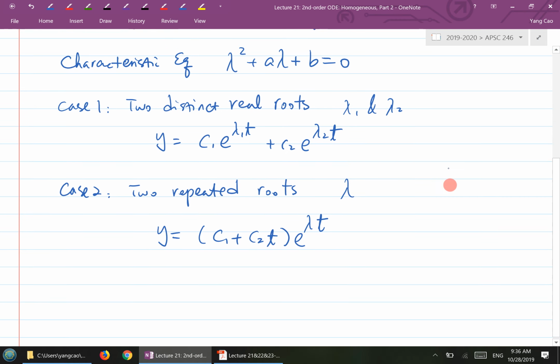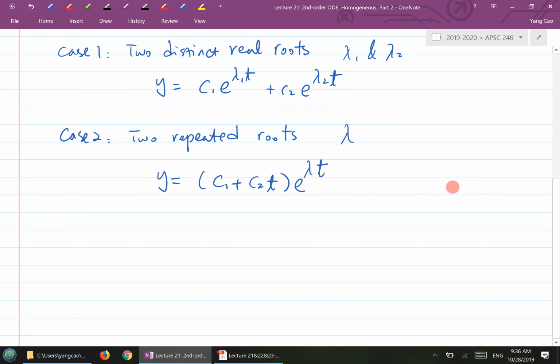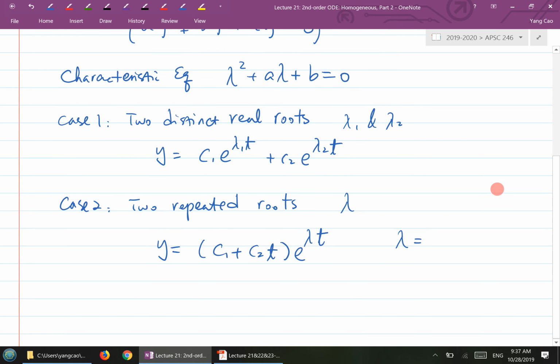Now let me extend case number 2 a little bit here. If this is the characteristic equation, lambda in this case is negative a over 2.